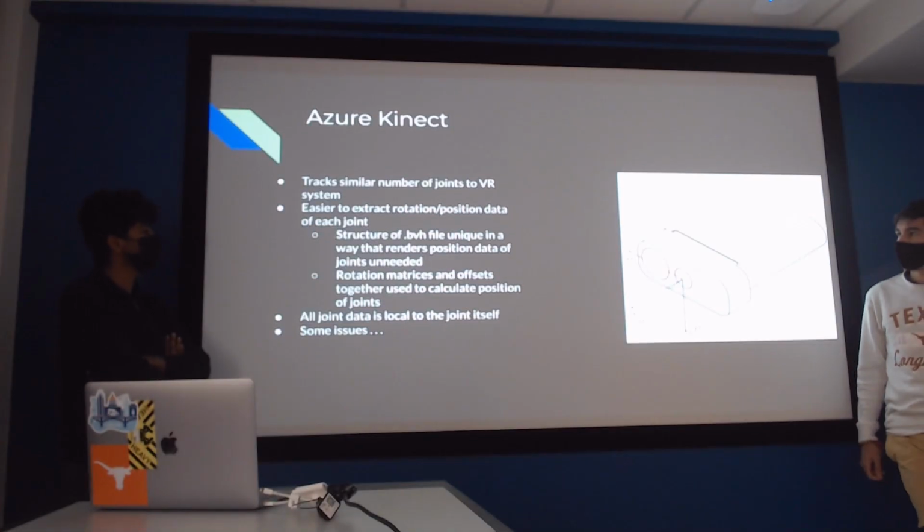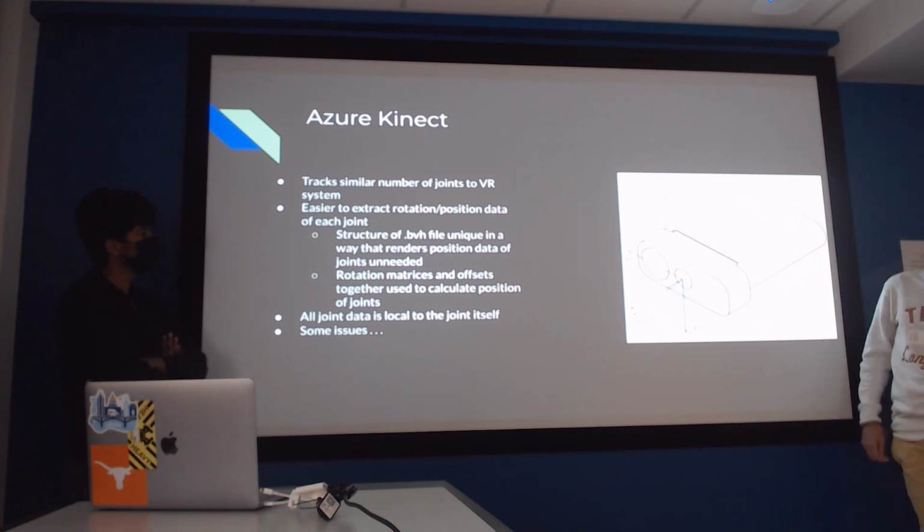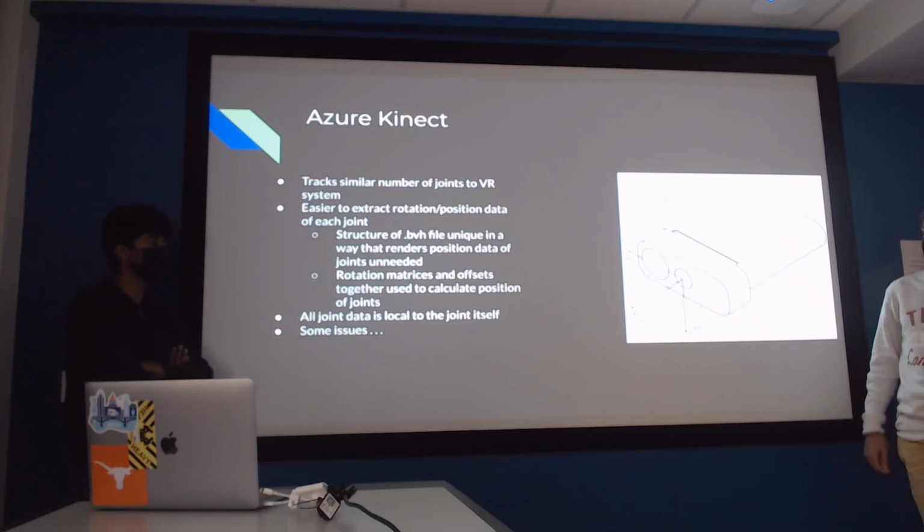Okay, like Sid said before, we moved to Azure Kinect because the VR system data, positions and rotations, were hard to extract, so we just moved to Azure Kinect. One quick aside: the BVH file, which is the file supported by the model, is interesting in the way it stores data.